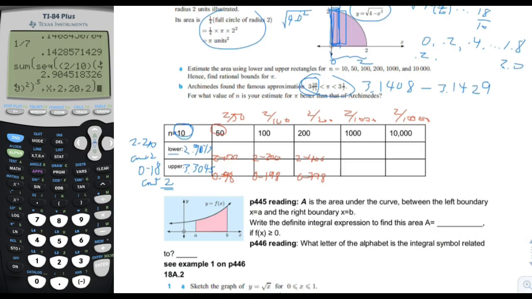Okay, and let's see how far that goes. Okay, so we're going to do n equals 50. N equals 50. And so it would be 2 over 50.